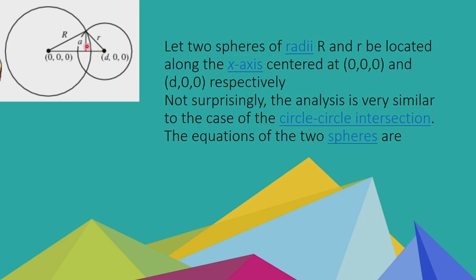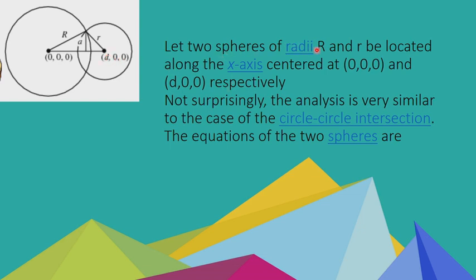If you draw it in two dimensions, both can be drawn similar to circles. So let us consider this is the origin 0, 0, 0, and this other circle is at a small distance from the origin, let us consider d, with center d, 0, 0.